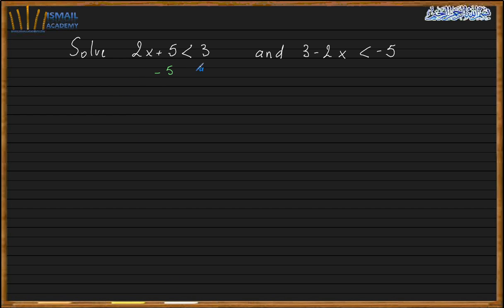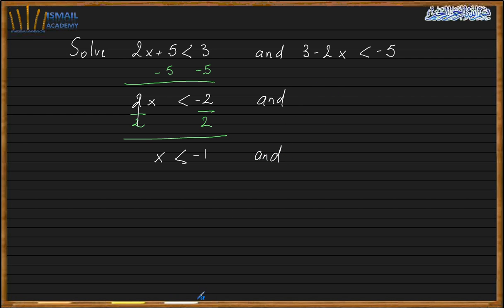So minus 5, minus 5. So I got 2x is less than minus 2. Divide by 2 both sides. I divide by a positive, so the sign stays in the same direction. And here we have minus 1, and this is x, because this will cancel out. So here I put 'and', because I do the same process here.